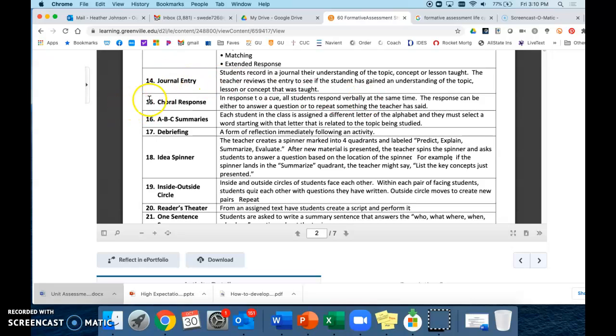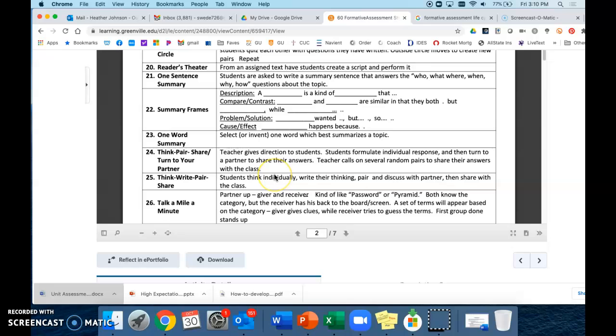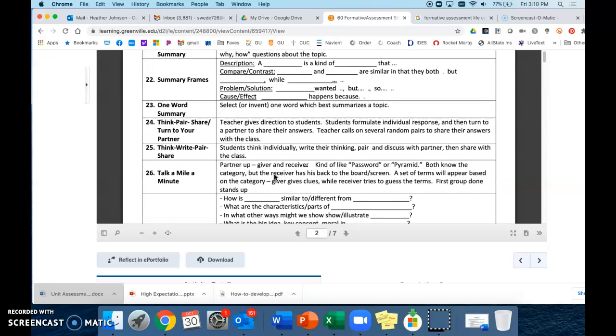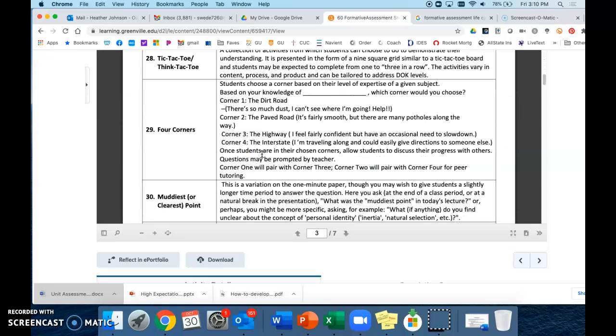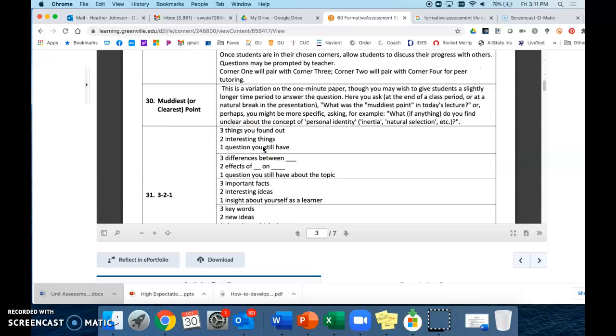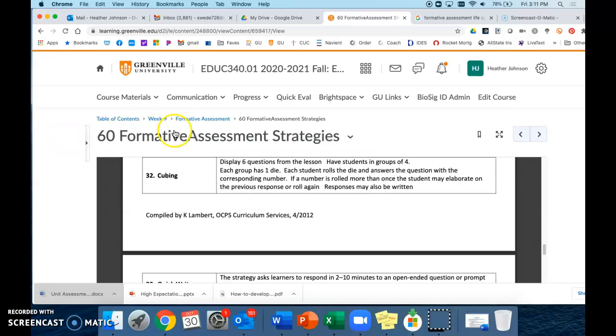That's a great idea for your lesson too, for formative, a choral response. So if you just kind of look through these, you might see one that works. Think, pair, share, oral questioning.